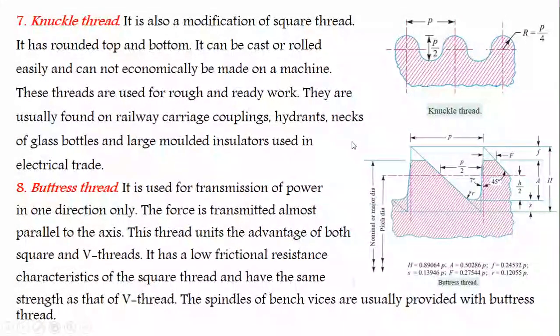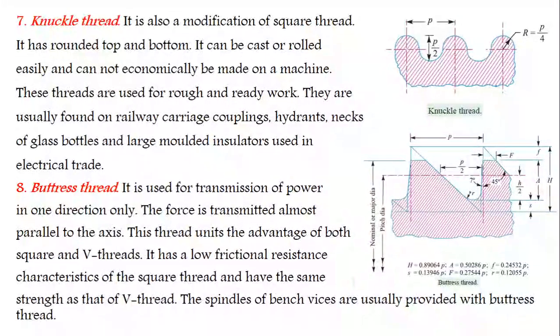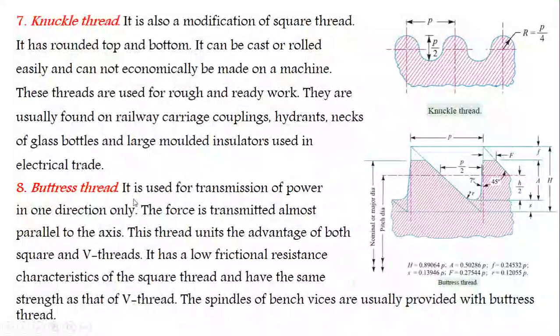Next is the buttress thread. It is used for transmission of power in one direction only, but in the square thread we can transmit power in both directions. The force is transmitted almost parallel to the axis.